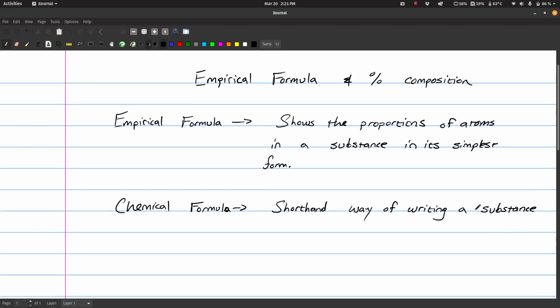It's a shorthand way of writing a substance using element symbols and subscripts.